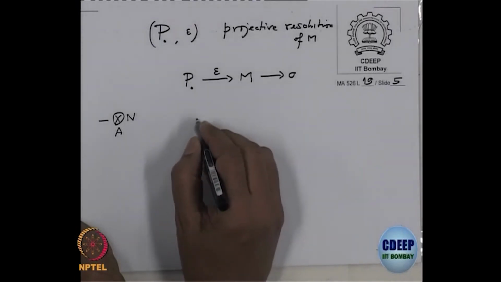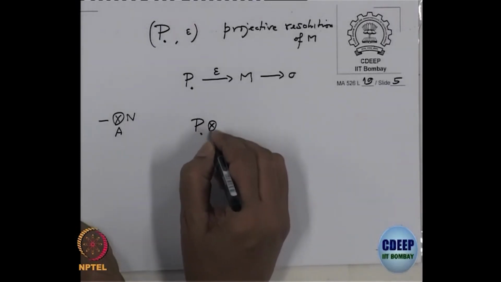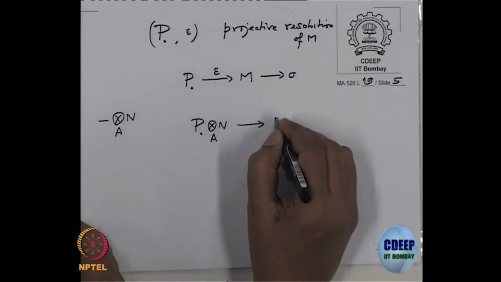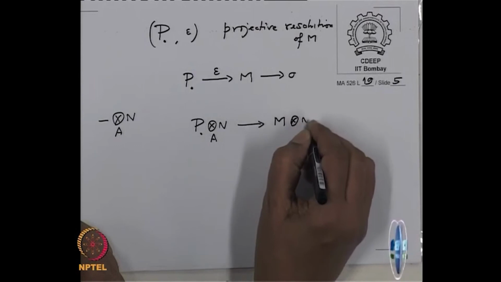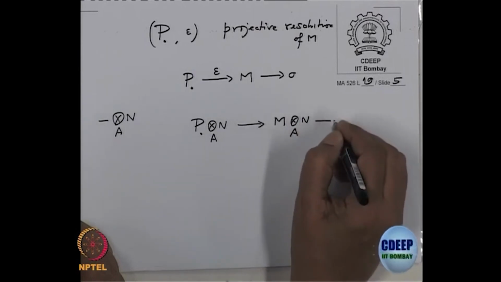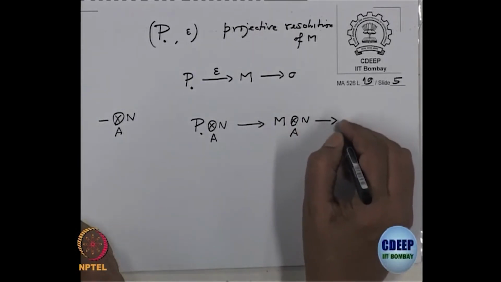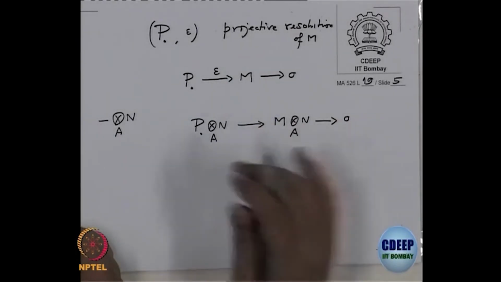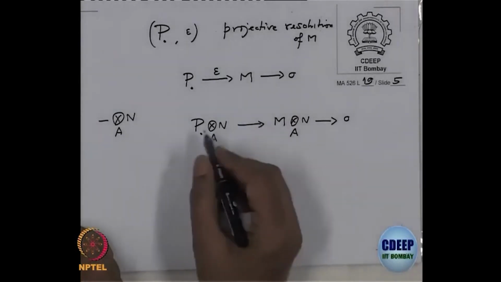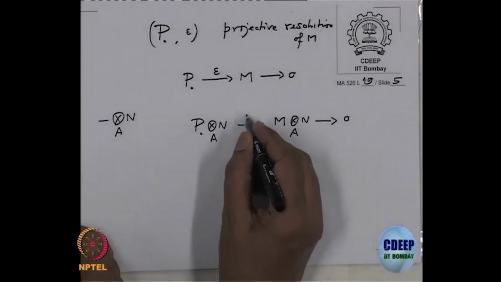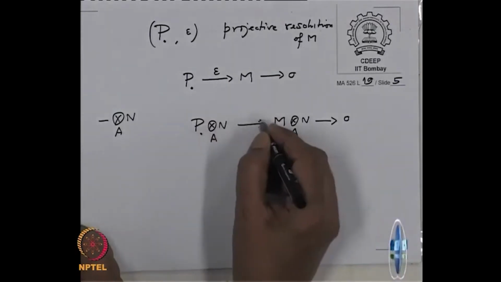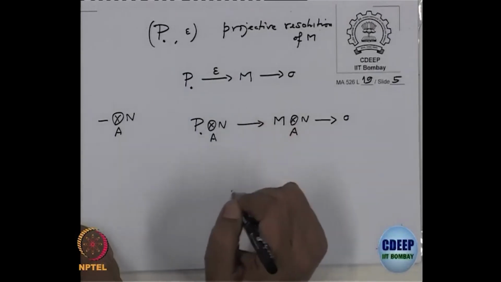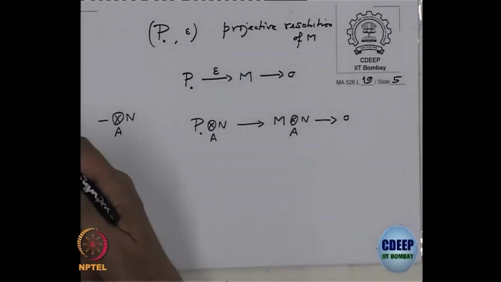So, I am looking at P dot to M tensor N, and this part will remain exact because tensor is right exact. So, the surjectivity will be kept. When I tensor from P0 tensor N to M tensor N, that part will remain exact. Earlier it may not remain exact.